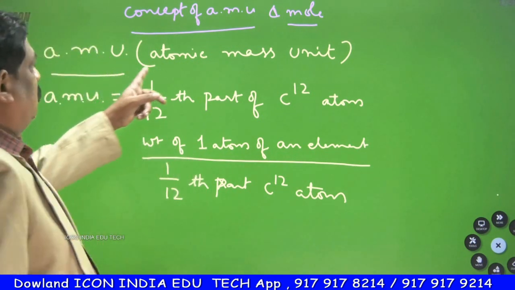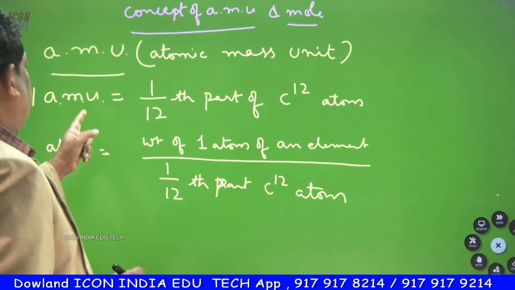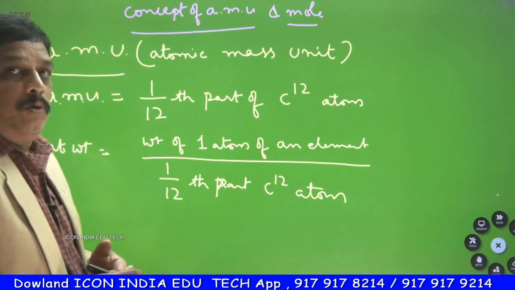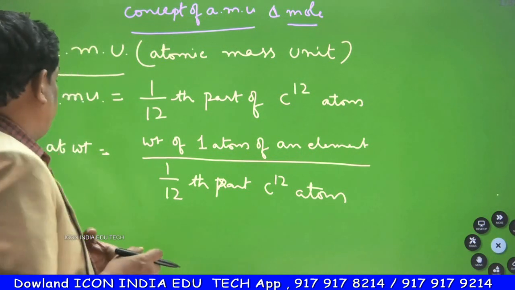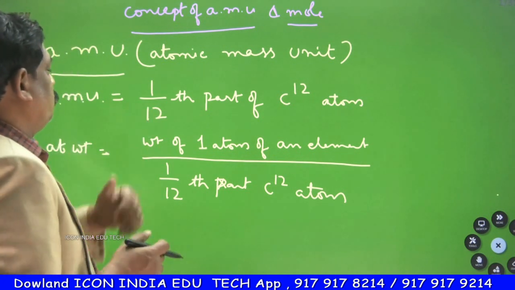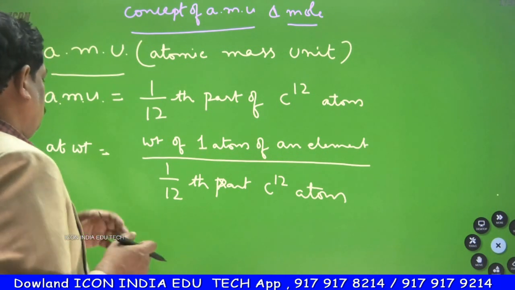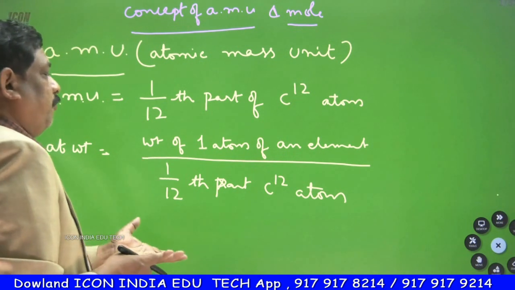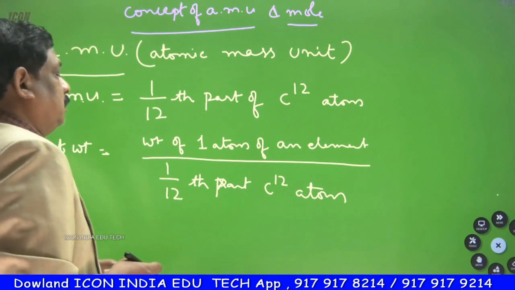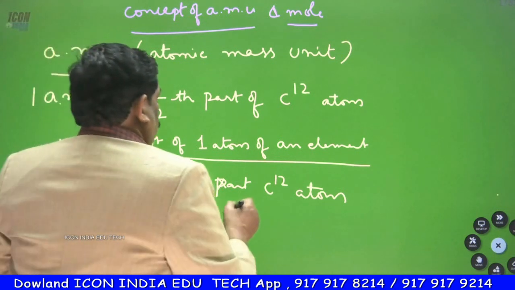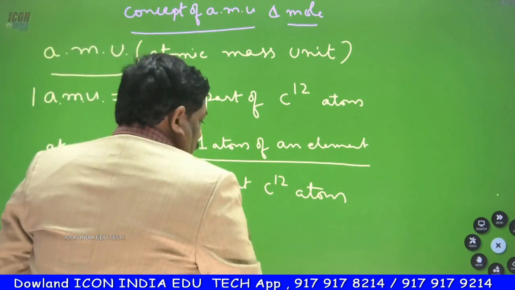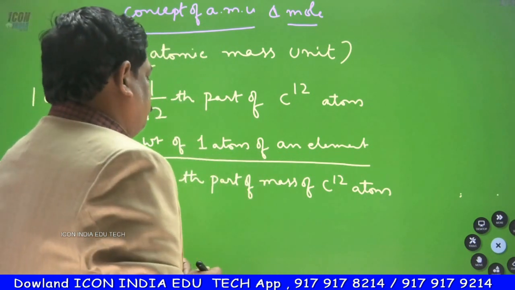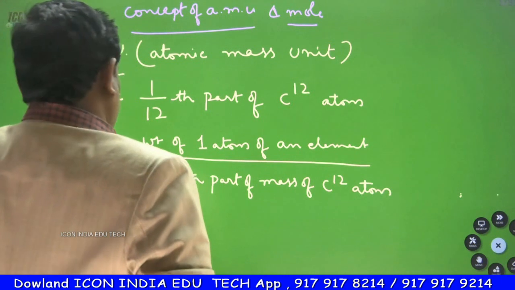I repeat, concept of AMU and mole. AMU is atomic mass unit. The importance of AMU is to find relative weights of atoms and molecules. 1 AMU is 1/12 part of a carbon 12 atom. To find the atomic weight of an element, take the weight of one atom of the element by 1/12 part of the mass of a carbon 12 atom.